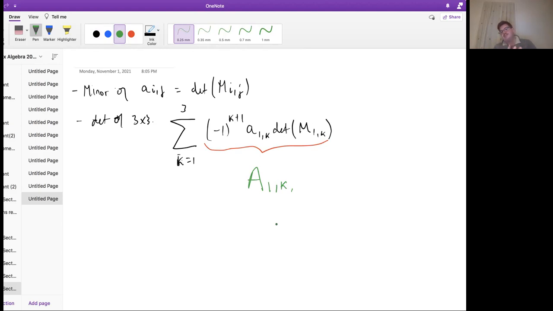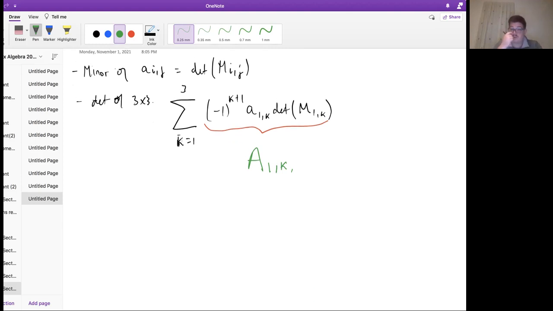I'm just replacing that whole term by A1k, using a capital letter with subscripts for this substitution. Everyone okay with that? Yes, no, maybe?